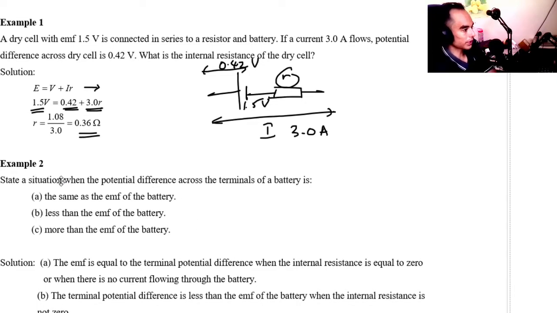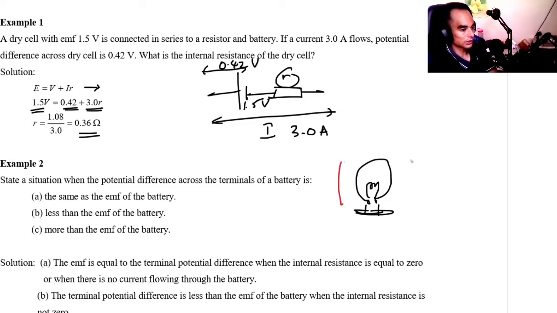State a situation where the potential difference across the terminals of the battery is the same as the EMF of the battery, less than the EMF of the battery, and more than the EMF of the battery. I think it is analogous if you have a light bulb, you draw a light bulb, and then you shield it with a filter around it, and this is your eye.